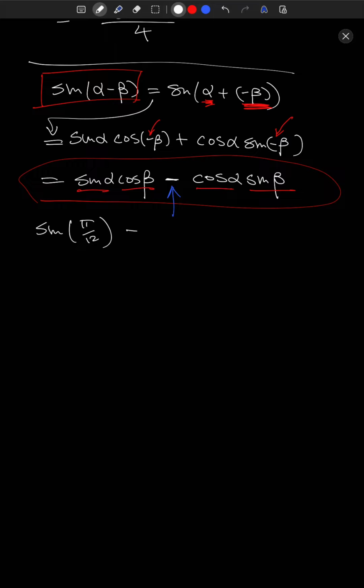And the point of view here is that sine of pi over 12 is sine of pi over 3 minus pi over 4, right? And that makes sense because if I actually did common denominators here, pi over 3 is 4 pi over 12, and pi over 4 is 3 pi over 12. And so when I subtract them, I get pi over 12.